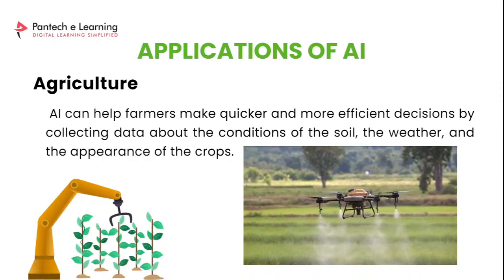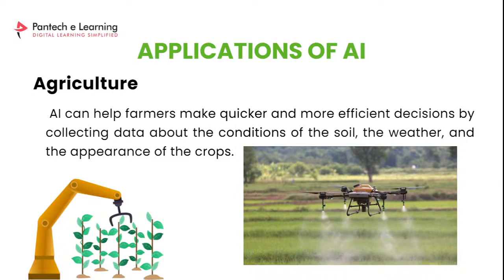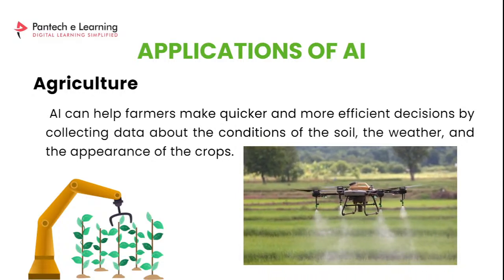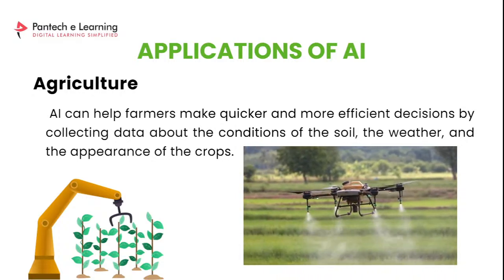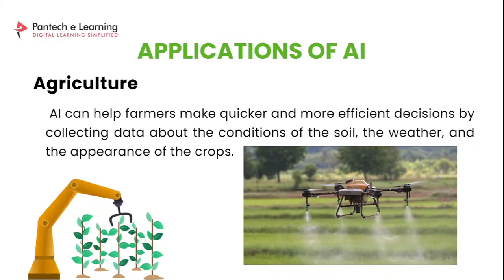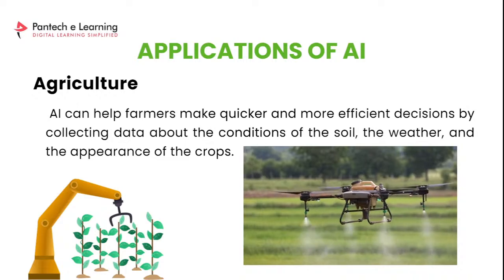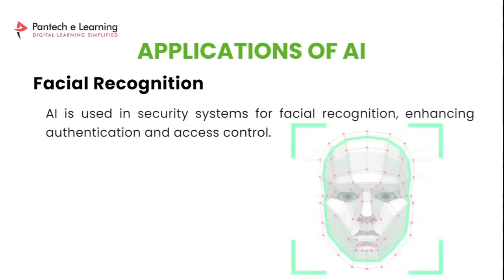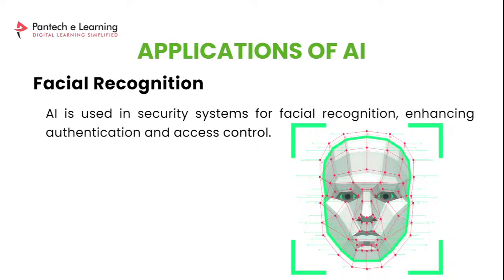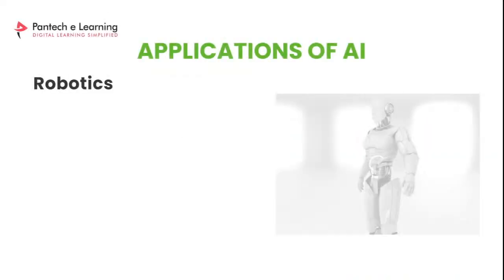So AI can help farmers make quicker and more efficient decisions by collecting data about the conditions of the soil, the weather and the appearance of the crop, something like that. And then facial recognition. So AI is used in security systems for facial recognition, enhancing authentication and access control, something like that.